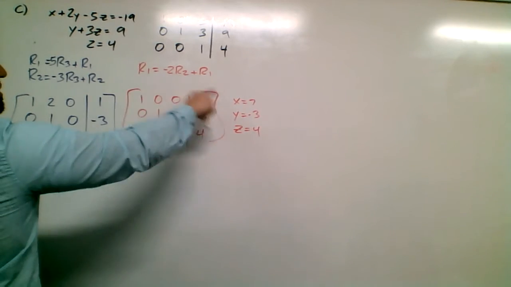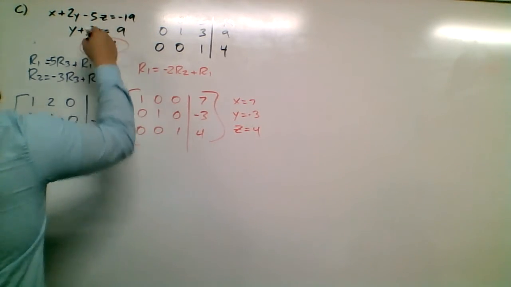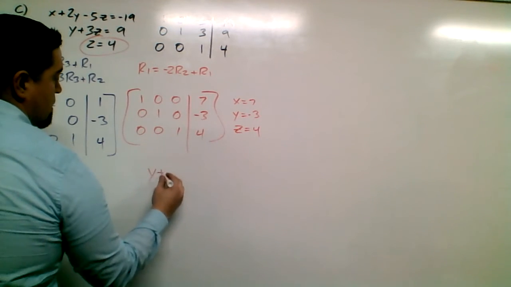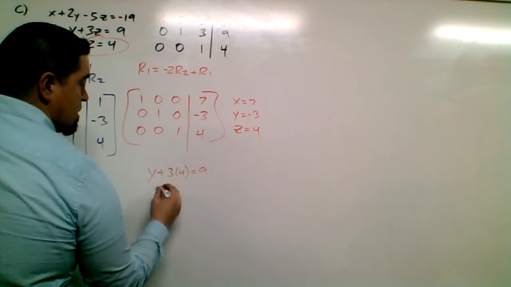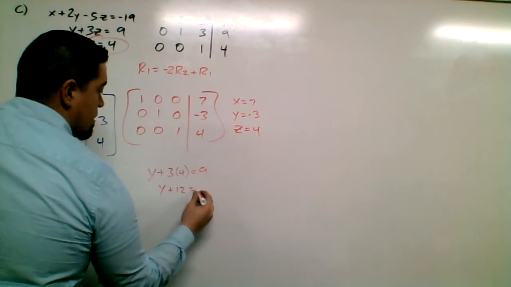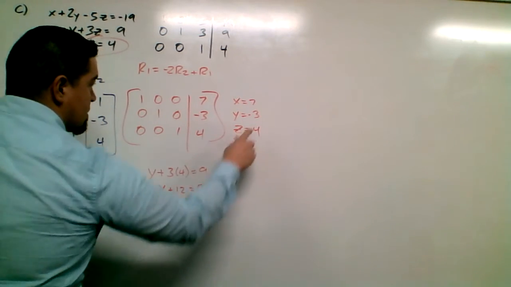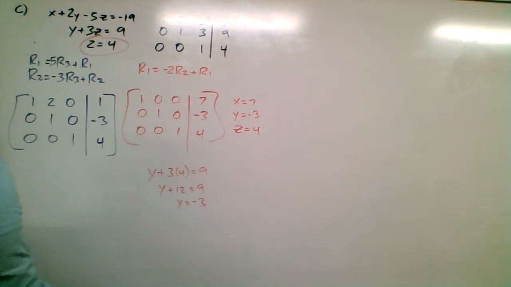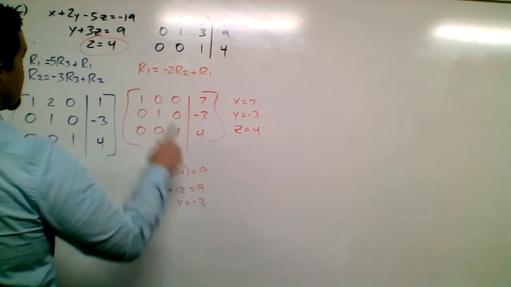But we can check our work doing what we did last week. I would plug z equals 4 into the equation above, which is 3 times 4, that's going to give us 12. Subtract 12 from 9, and I get -3, which is good because that's what we've got here. And then we're going to use z equals 4 and y equals -3 in the first equation.